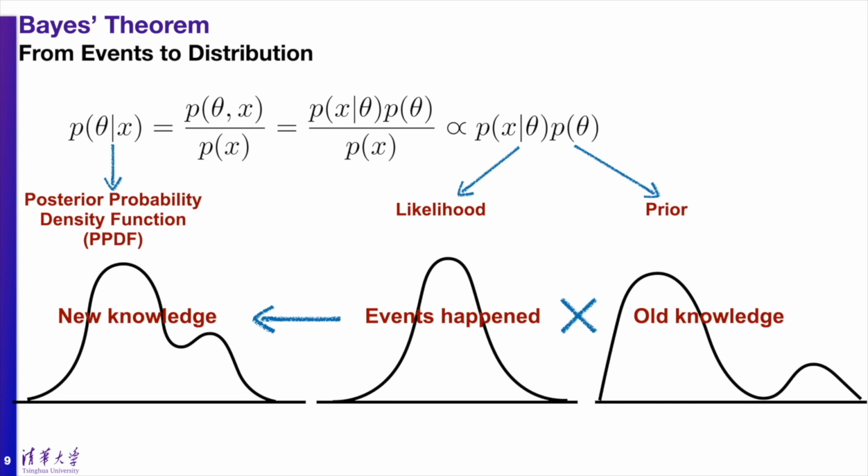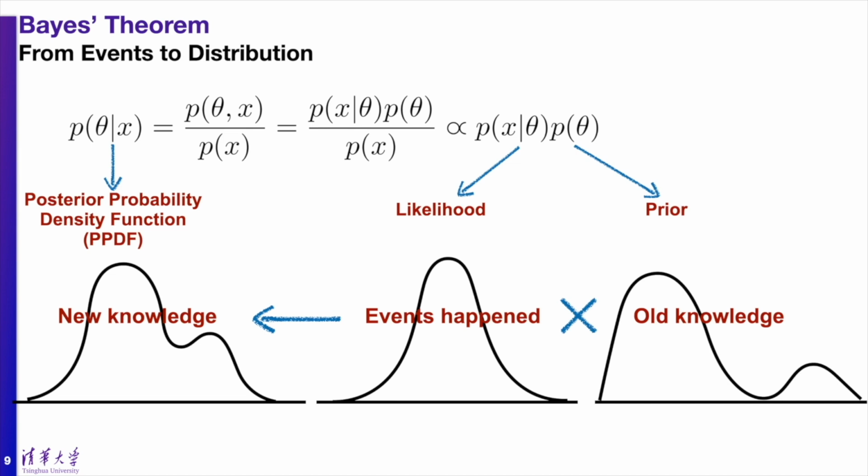In reality, when we are talking about probability, it is rare that the probability is just a number, for example, like 0.5. For most of the time, we need to discuss the probability distribution.